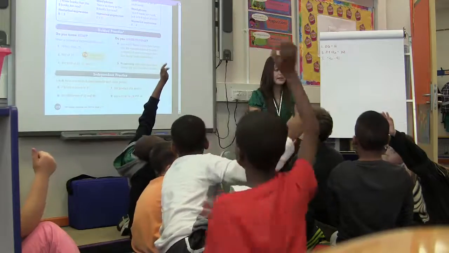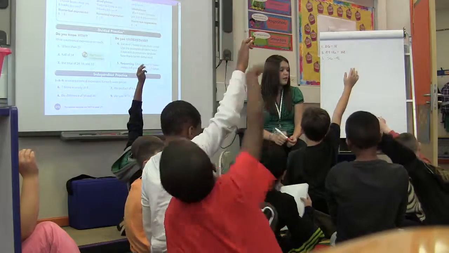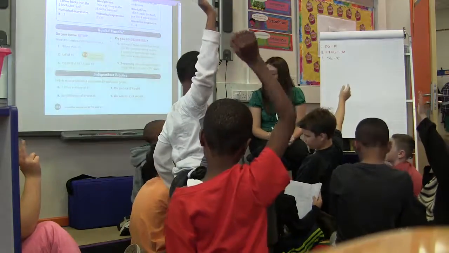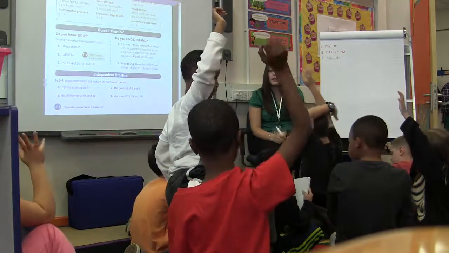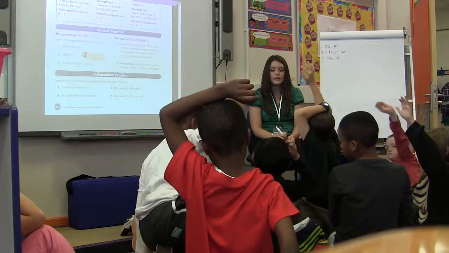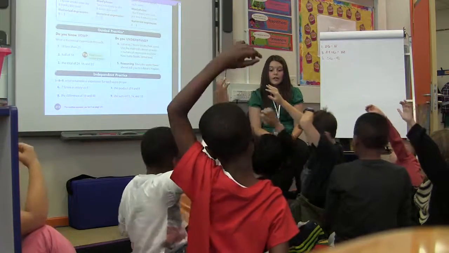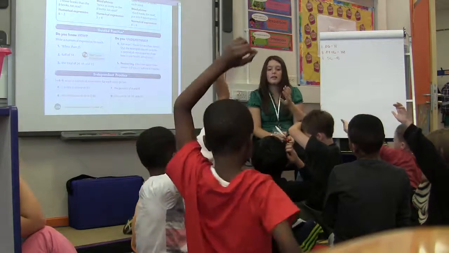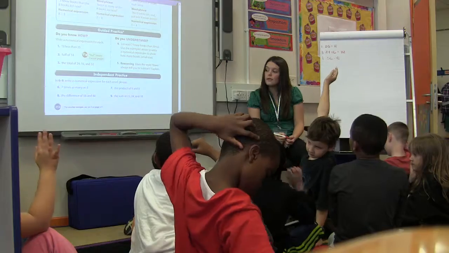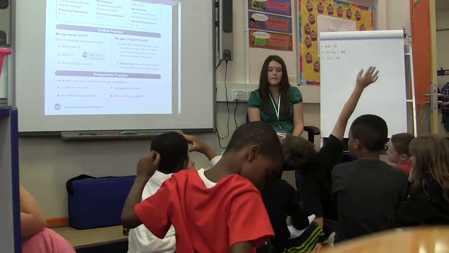How do I call on you when you're doing that? Come on. Cameron, Jonah, you don't agree? Cameron, sit down. You agree? What do you agree with? 56 minus 48.